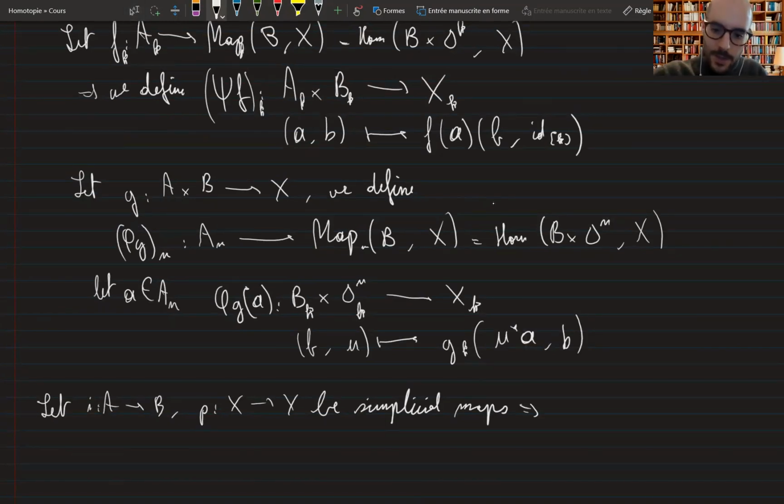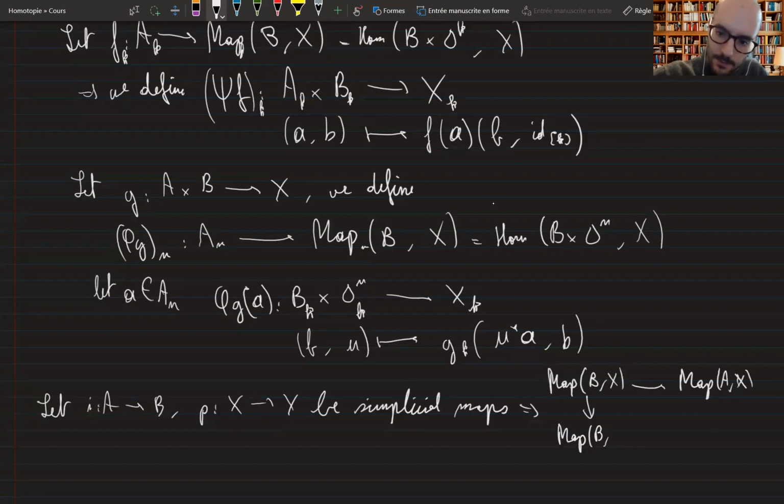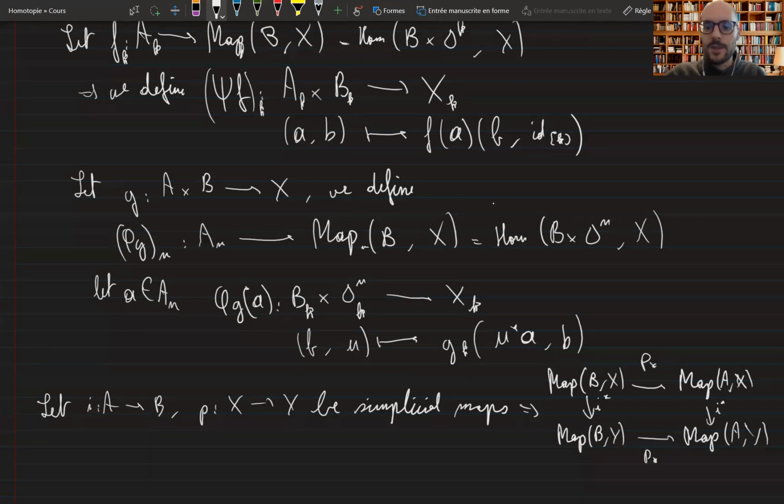Then you have a diagram like this: Map(B,X), Map(A,X), Map(B,Y), Map(A,Y). This is post-composition by P, pre-composition by I, pre-composition by I, post-composition by P. And you can check that this diagram commutes.